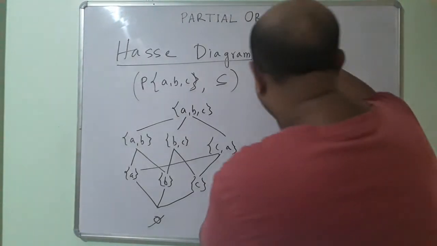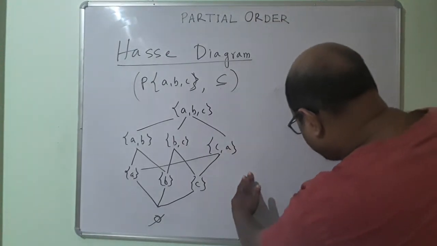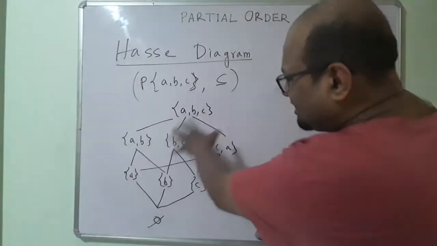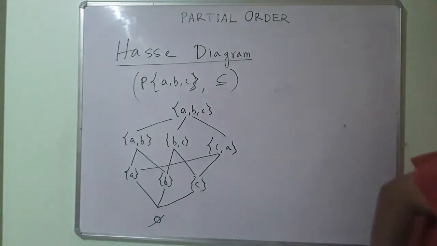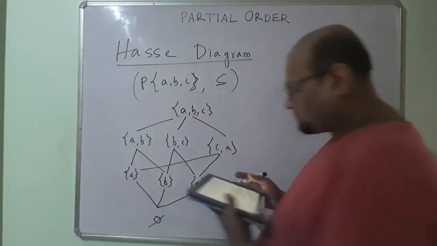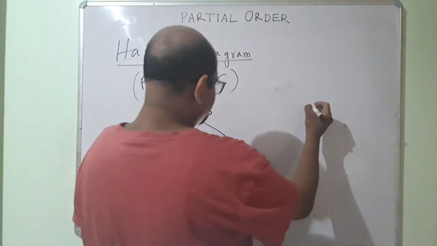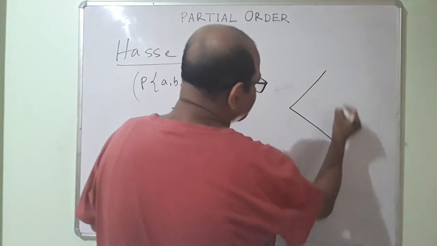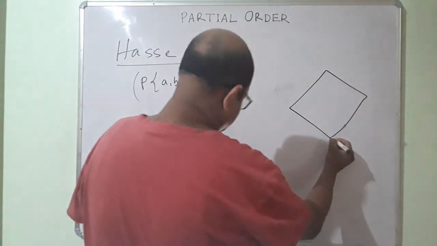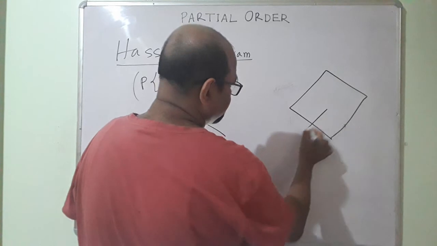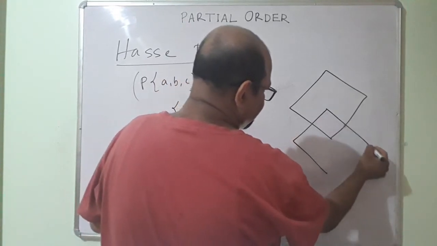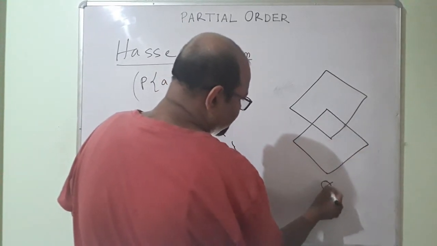There is a better way of drawing this. Let me draw it as it appears in the book. So this is fine, if you draw this, it is fine. But it looks beautiful when you draw it like this. This is phi.